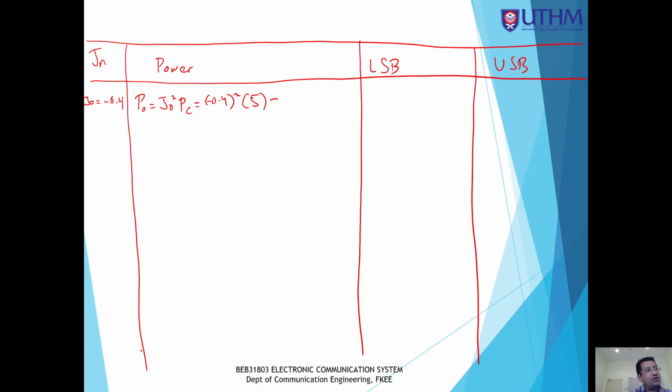So you will get 0.8 watt. You can put the unit here in watt, and in hertz for the frequency, so you don't need to write the unit each time. P0 is located at the center, so it is not the sideband.